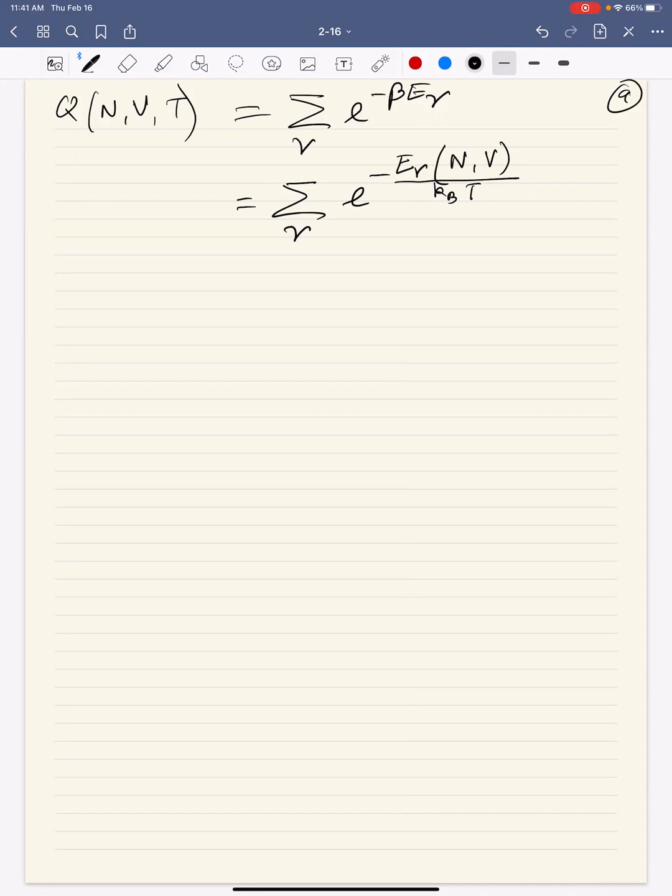Here, I was summing over all microstates, right? What is a microstate? A microstate is an arrangement in phase space. It's something complicated. I want to write down this summation not over microstates, but over all energies. So it's a change of basis, right? And we did this. That's how we calculated our Gaussian curve, which we showed. So in order to do this, I have to do two things.